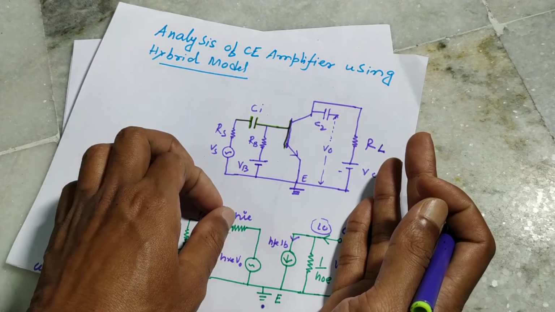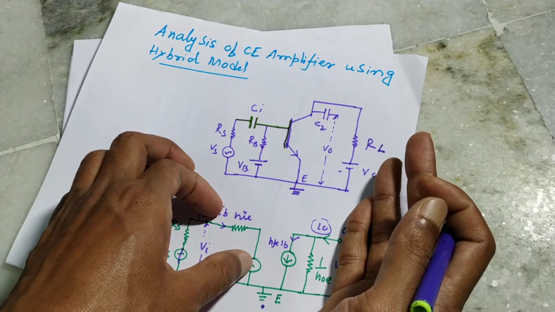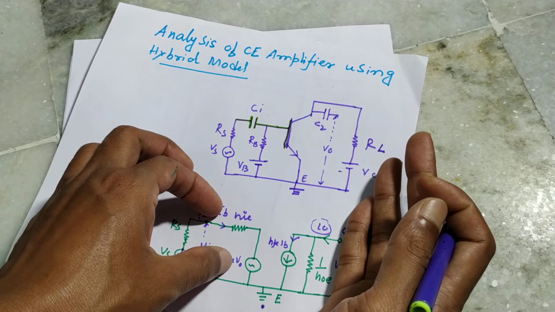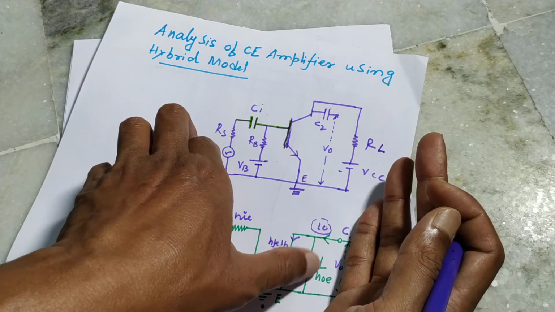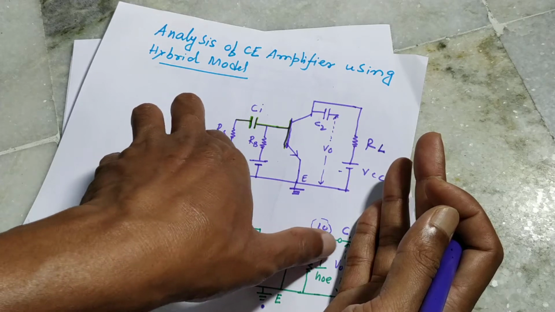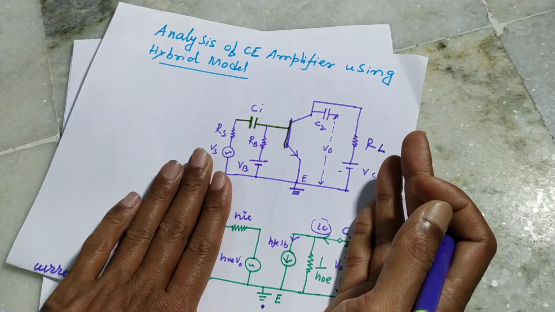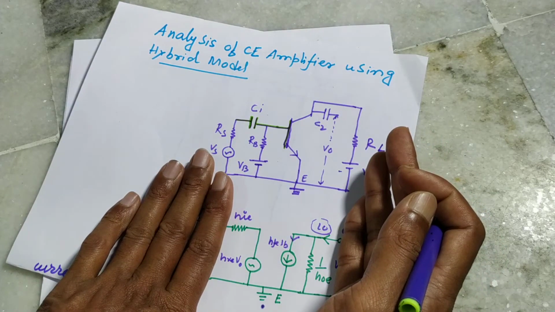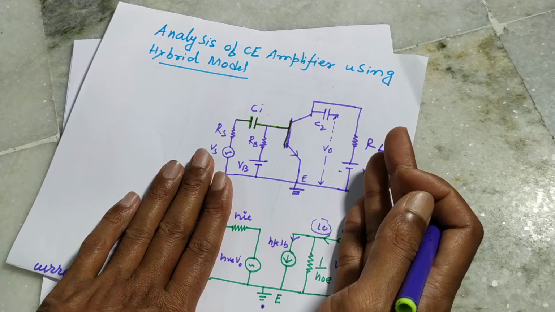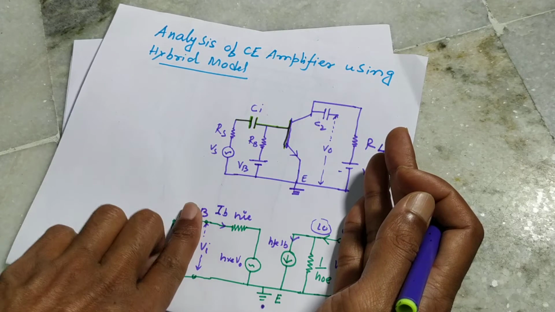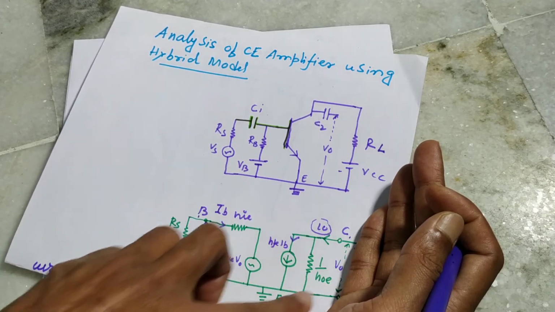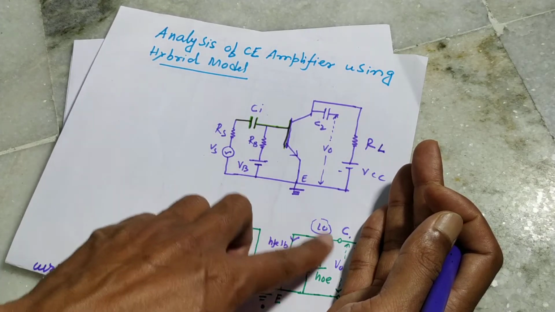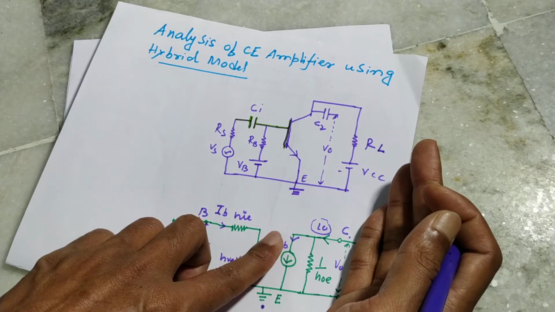There is an input impedance hie, there is a voltage source hre V0, and this is the current source hfe IB, and this is the output impedance 1 by hoe, just only for the transistor. Okay, here the emitter is common, this is the base and this is the collector.